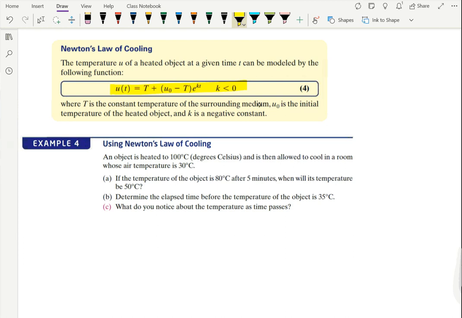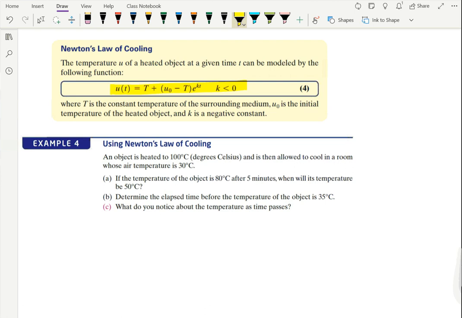The surrounding medium typically is going to be either water, or some liquid solution of some sort, or air. U sub 0 is the initial temperature of the heated object, and K is the negative constant. So if we're cooling off, we're going to end up here.